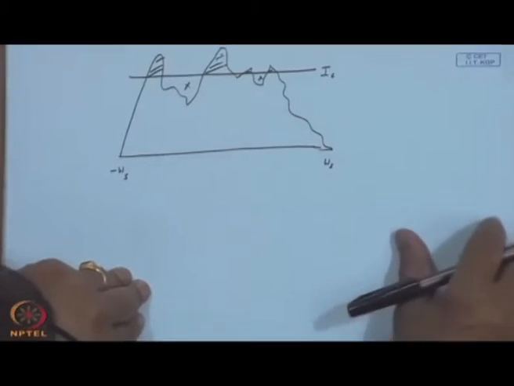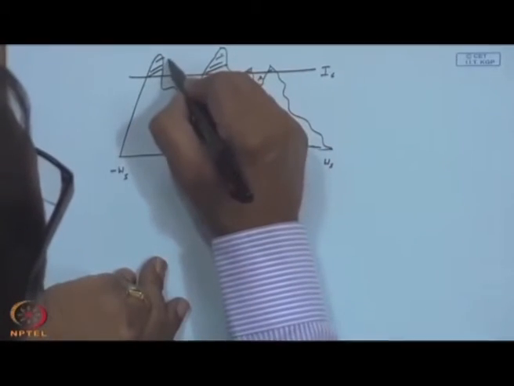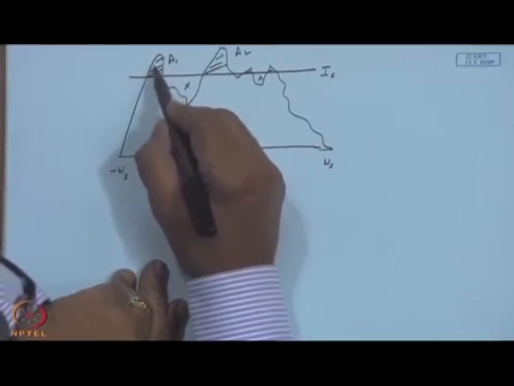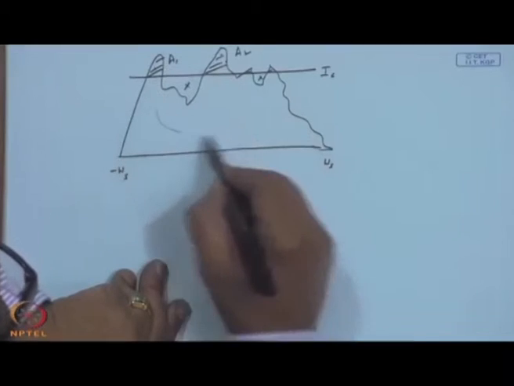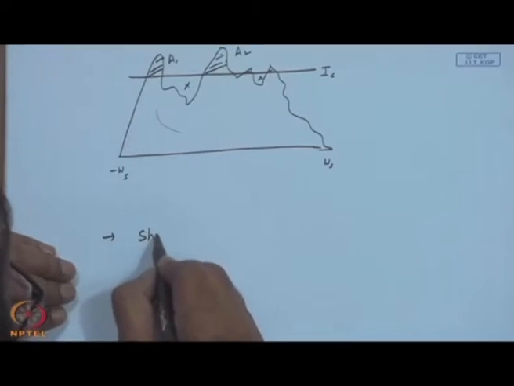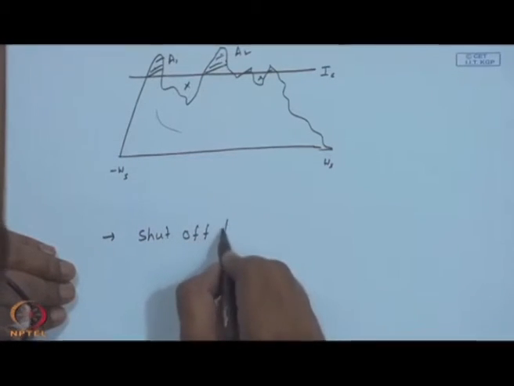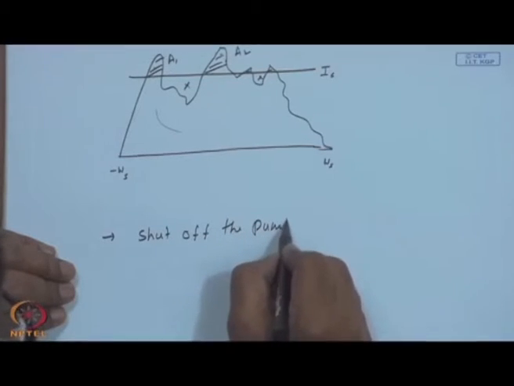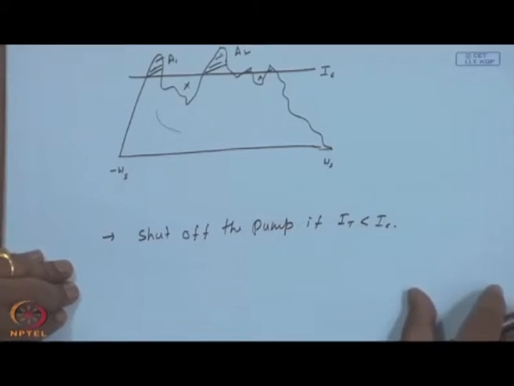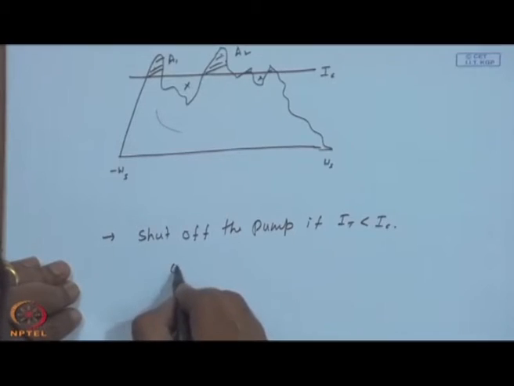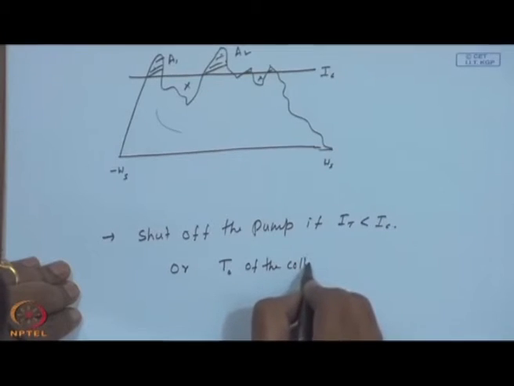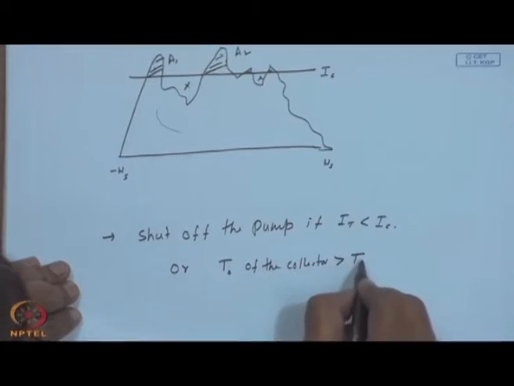In other words, if I give them A1, A2 and a total area, only A1 plus A2 is taken by the area beyond the critical level, and we have to take out the solar radiation below it. So, practically it means shut off the pump if It is less than Ic, or To of the collector should be greater than Ti.